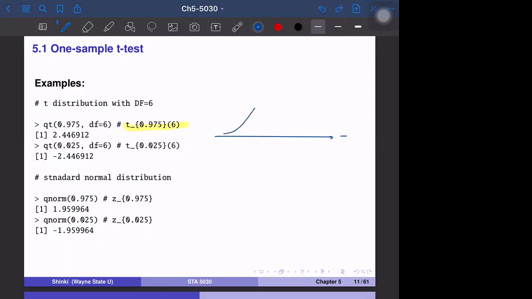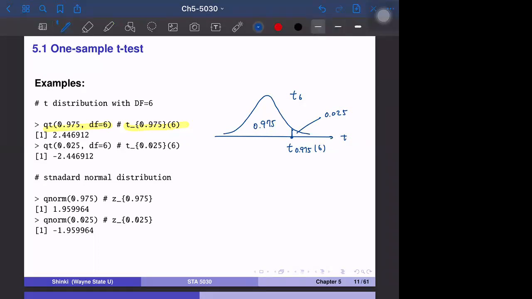Then 0.975 is probably around here. This area is 0.975 and this is 0.025. And then this point is T sub 0.975 of 6. In our language, we can use the qt function to calculate this.